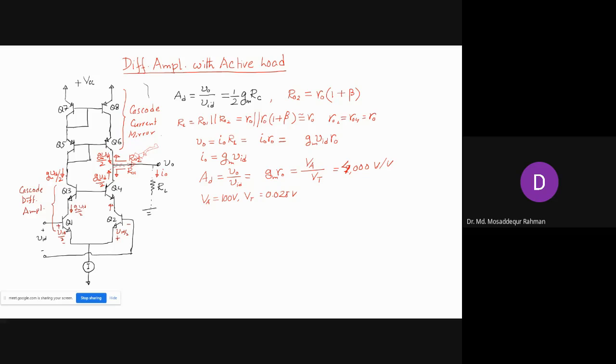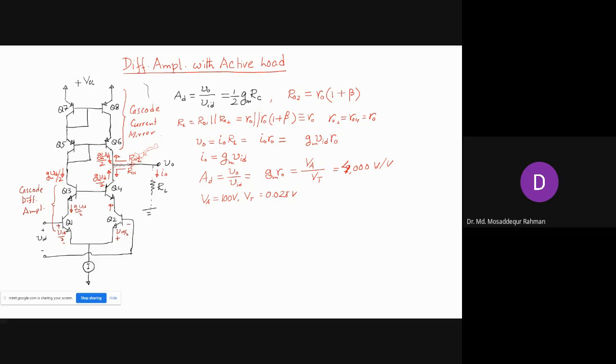Assuming alpha to be almost 1, the same current will flow, and this current also the same. Any question, guys?